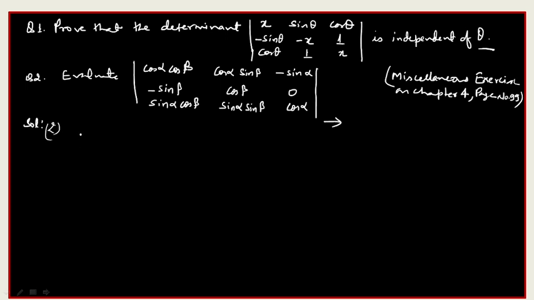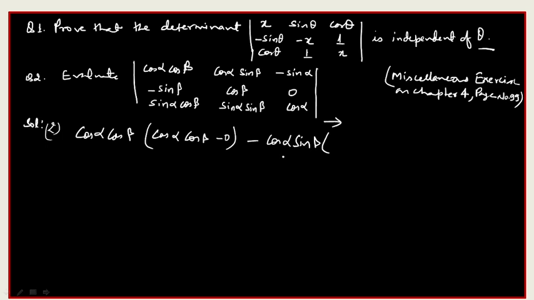So we will take cos alpha cos beta in bracket, then again cos beta into cos alpha. So cos alpha cos beta, and minus 0 into sin alpha sin beta. So it will be 0 only. Then minus cos alpha sin beta.